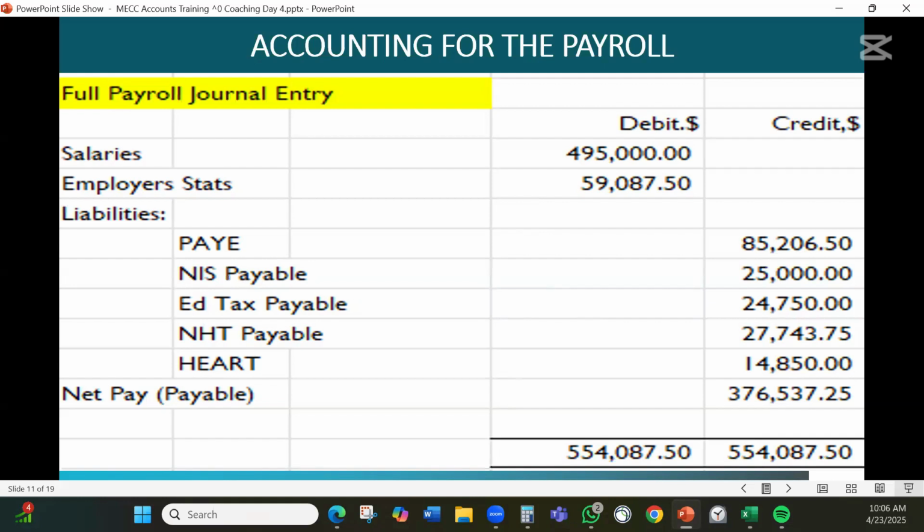As an employer, you need to pay over your statutory obligations to the government on behalf of your employees. And these statutory obligations are a cost to your business. Everything that you deduct from the person's pay plus what you match must be paid over to the government, and the difference must be paid to the employees.